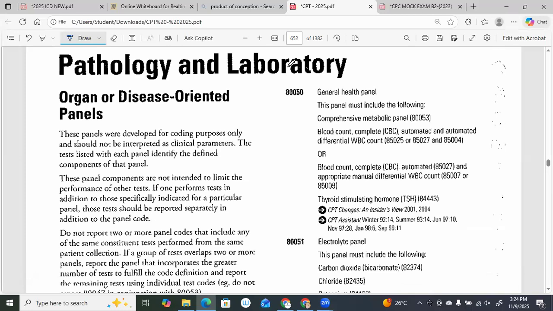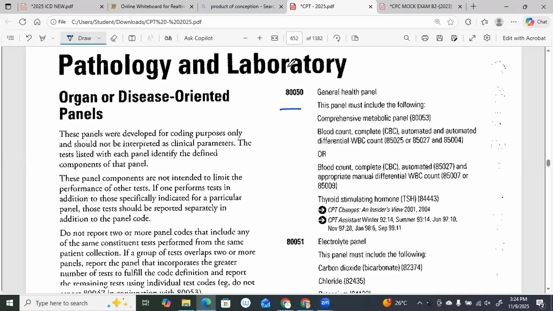The first section is pathology and laboratory. In the pathology and laboratory section, we have codes for performing tests. If there is any specimen and the doctor is doing any test on that specimen, in that case we are going to pick a code from series 8. So any procedure performed by the pathologist, we are going to code with series 8.